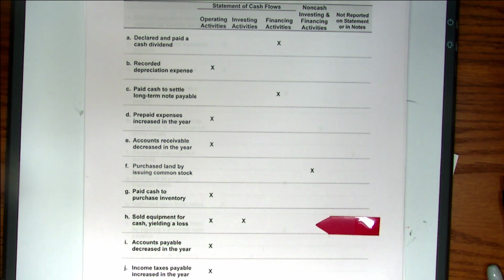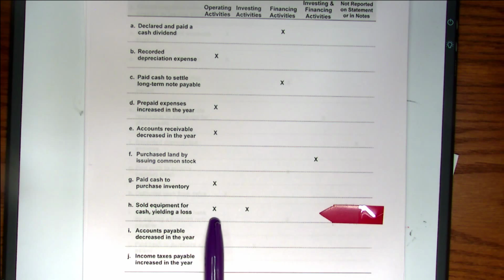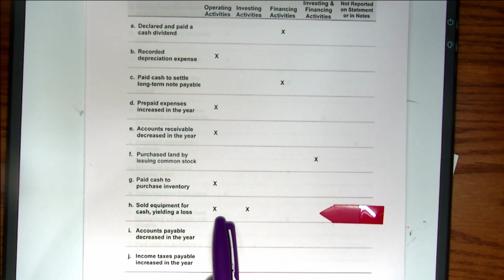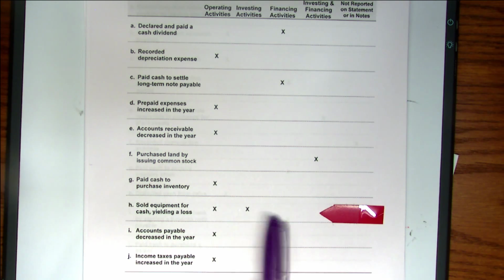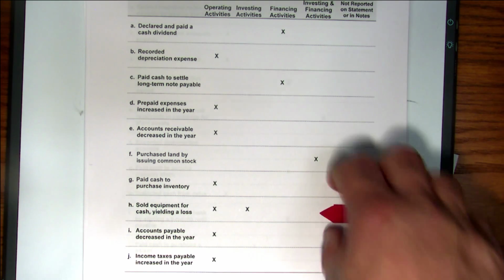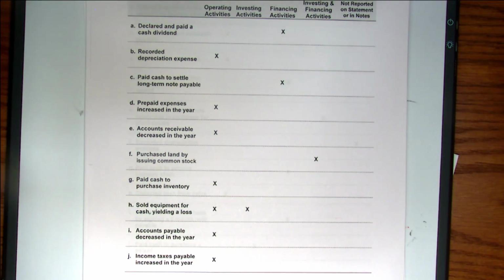This was a little bit of a trick question, because selling the equipment for cash is actually an investing activity, isn't it? But they're also pointing out that the loss that occurs would be handled in the operating section. I probably wouldn't ask it like that on a test. You with me? That's why they have those two checks there. Any questions on any of the others on exercise 16.1?